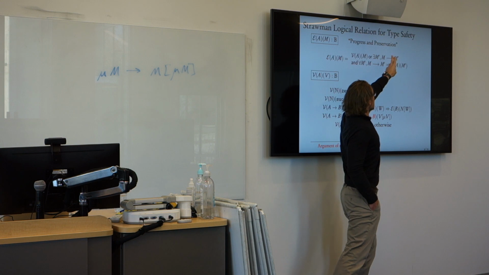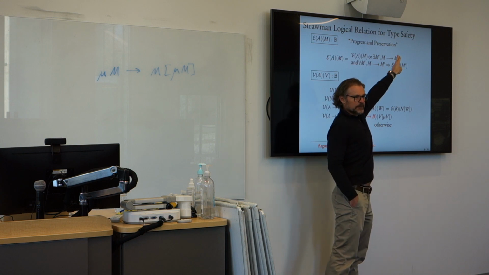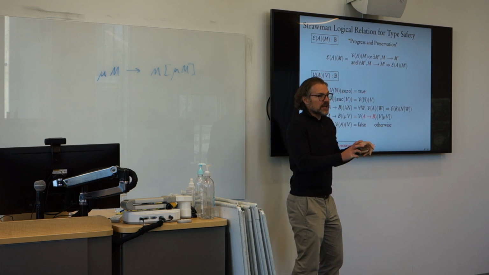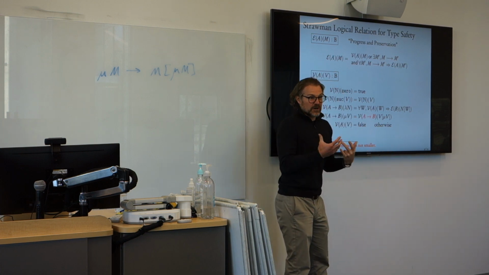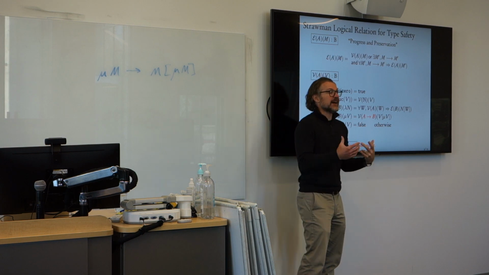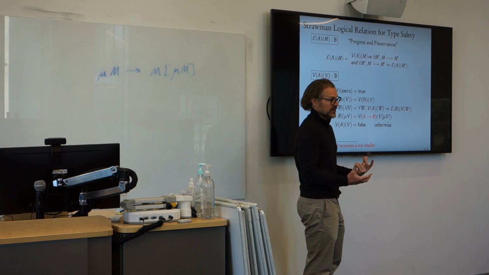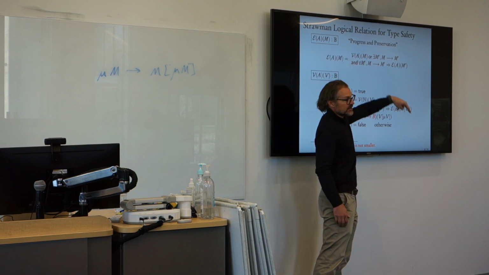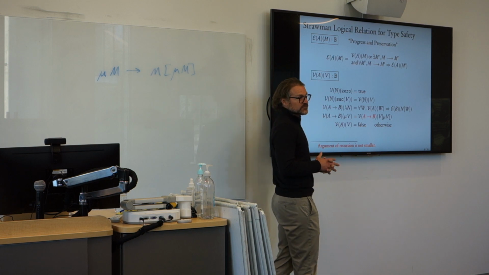The taking a step part is exactly that. But instead of saying it's just a value, this is the generalization I was referring to earlier: I'm going to generalize being a value to being a well-behaved value. So I'm using the fancy V here instead of just saying that it's a value.